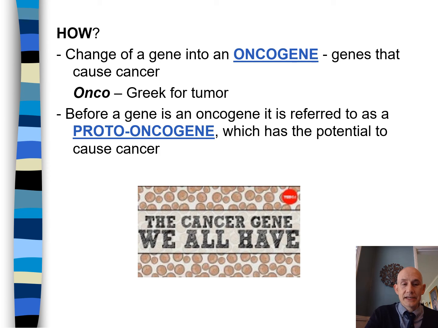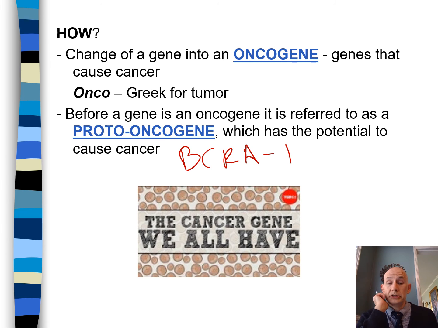An example is the BRCA1 gene, which is a tumor suppressor gene that normally blocks the production of tumors in breast tissue. So if you have the mutated form of this, you have a greater probability of developing breast cancer.